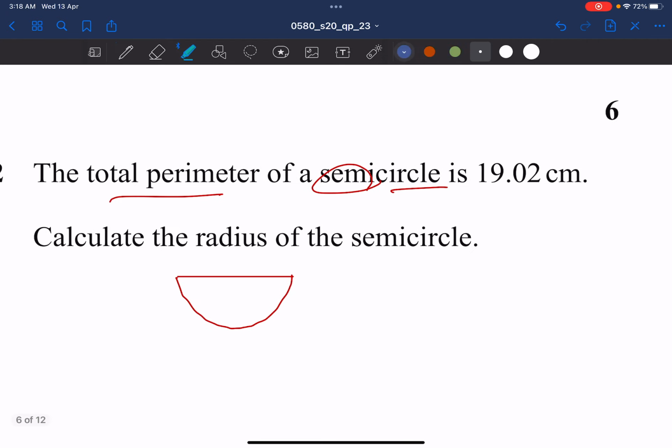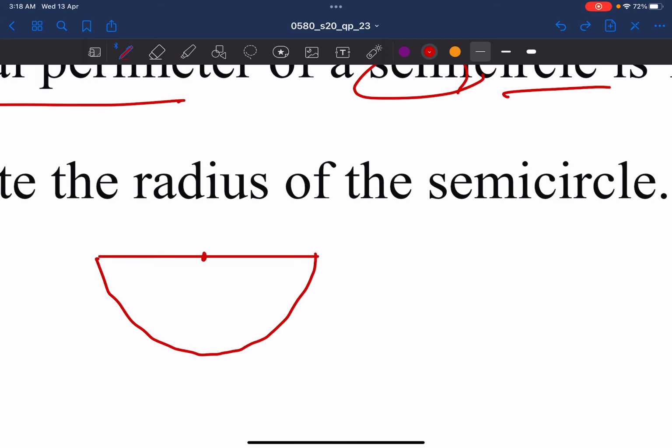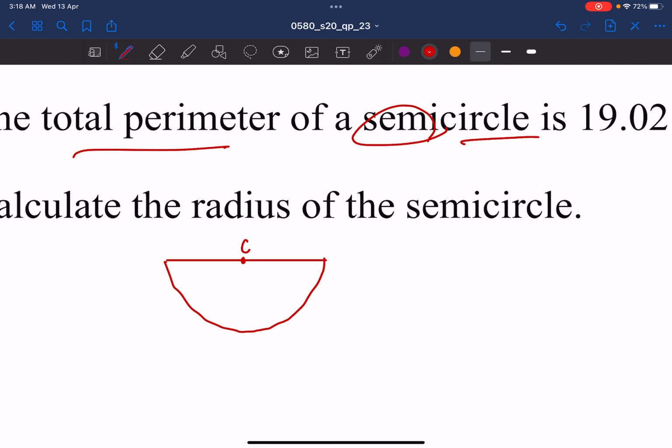The perimeter means this length plus this length, right? We have 19.02. And we know that the diameter will pass through the center of the circle. So this is r, radius, and this is radius.